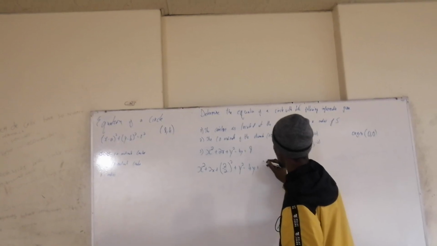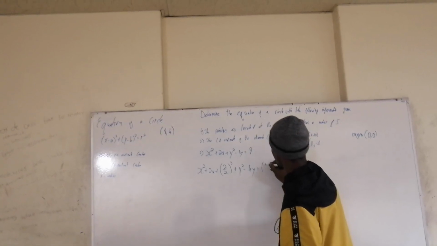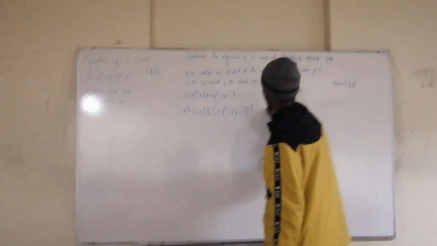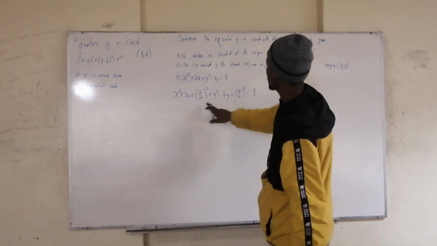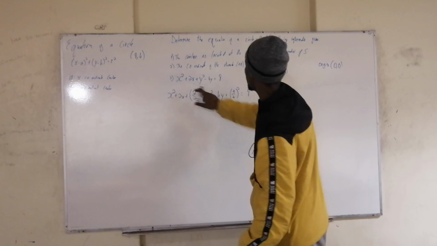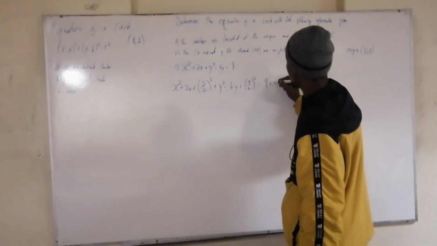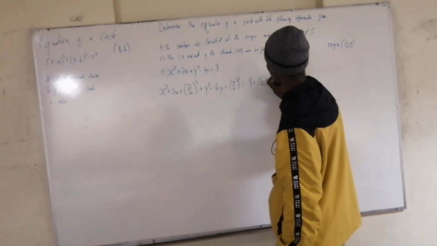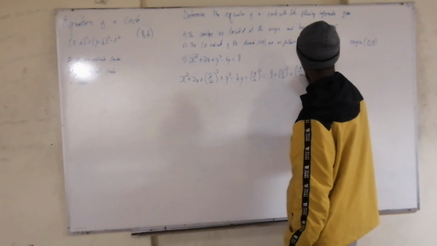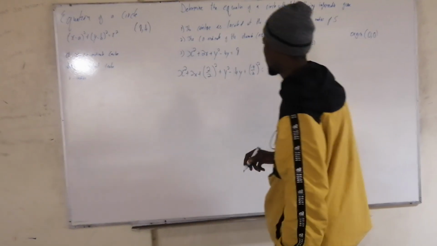We're going to say plus negative 4 divided by 2 all squared, all equal to this 2. These 2 steps that we did here, we must also take them to the right hand side and add them. It's going to be 2 over 2 all squared plus negative 4 over 2 all squared.